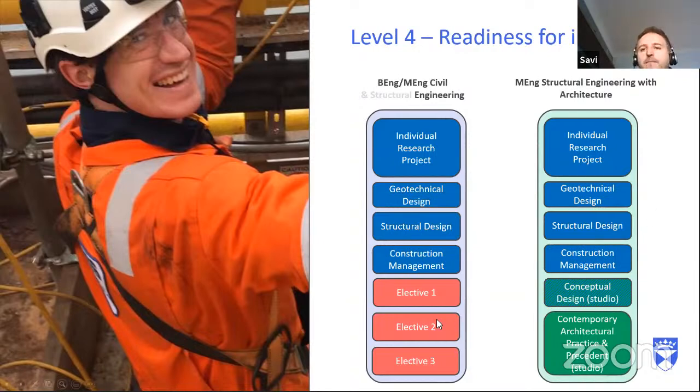And then for the civil engineering program, there are a number of electives that you can pick. They're not listed here, but it can be either more fluids kind of things. This conceptual design studio is an option, which is something we do in collaboration with architecture.